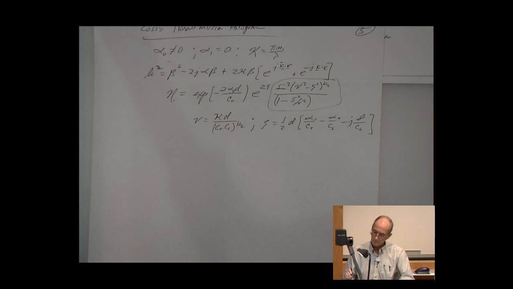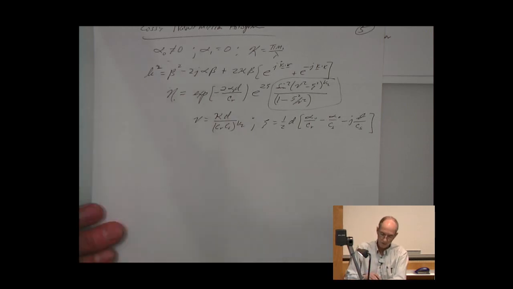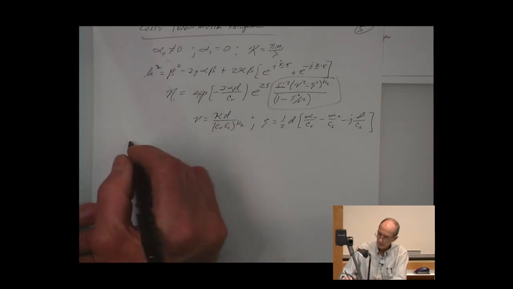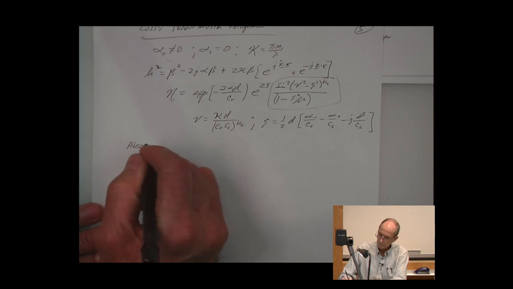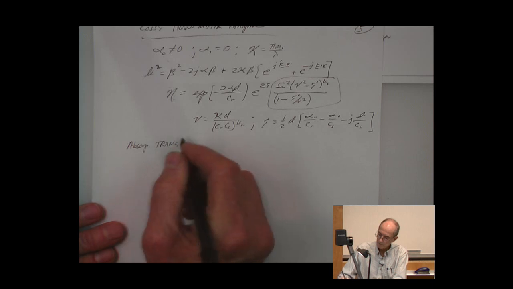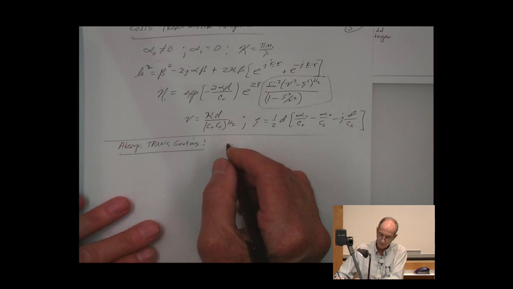Okay, so the last transmission type hologram we'd like to look at here is an absorption transmission grating, or hologram. It's one that we haven't done yet. All right, in this one, we're going to modulate the absorption and not the refractive index.